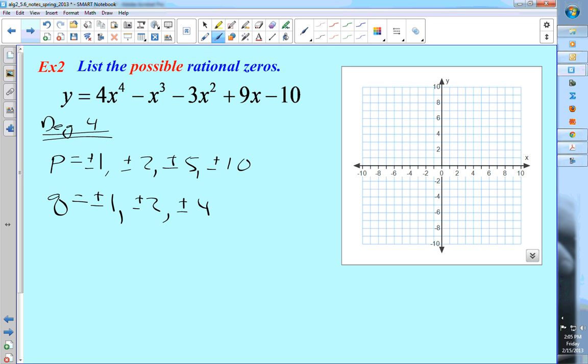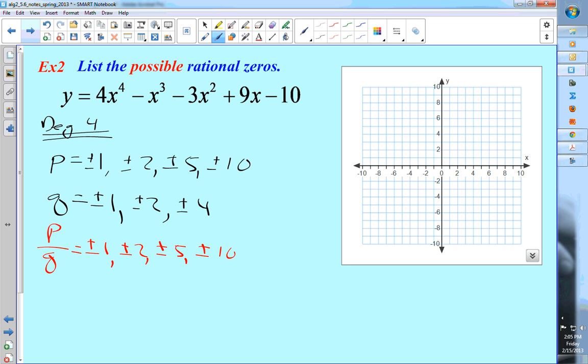So now when we do our P over Q list, you do all the P's over 1, which means you're going to have plus or minus 1, plus or minus 2, plus or minus 5, and plus or minus 10. Then you do all of these over 2.